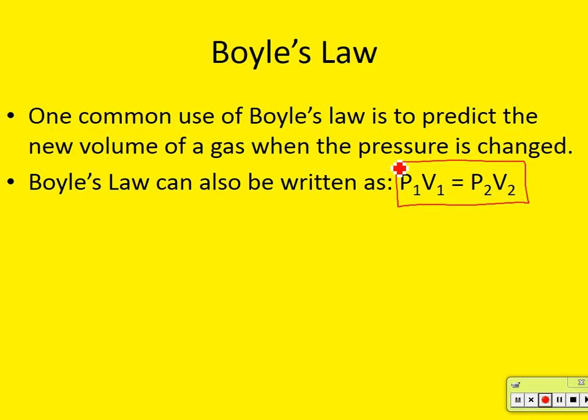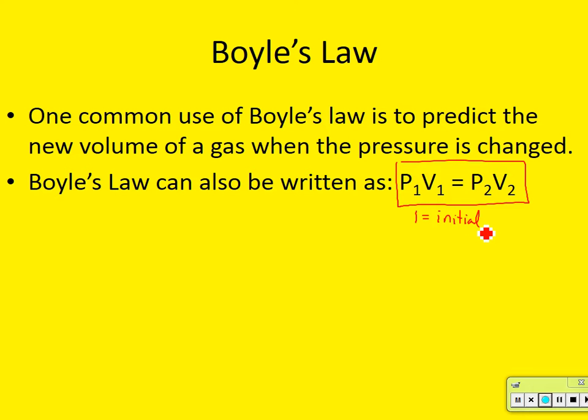P1 times V1 is equal to P2 times V2. Again, let's explain it. What does the P stand for? Pressure. What does V stand for? Volume. Well, now we just have to explain the difference between the 1s on the left side and the 2s on the right side. 1 means that's what it was initially.